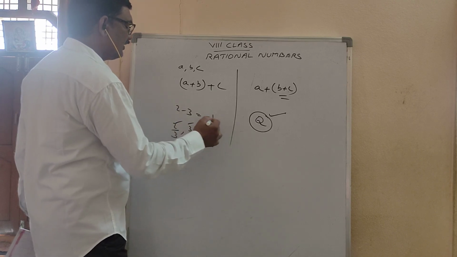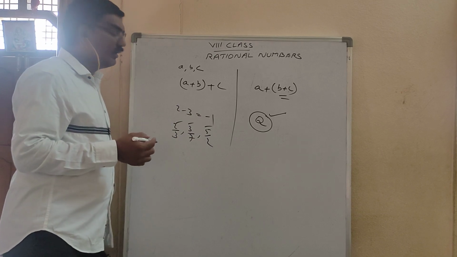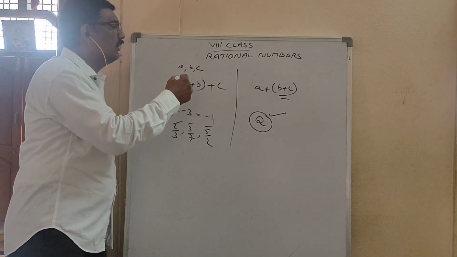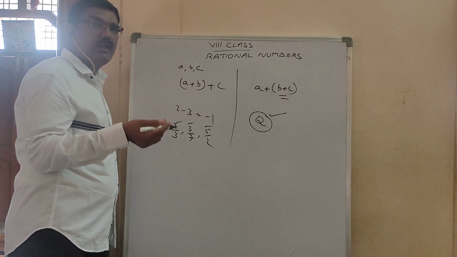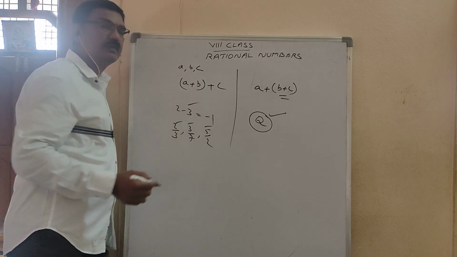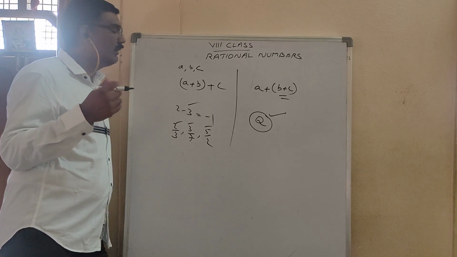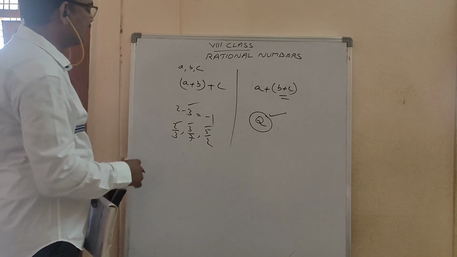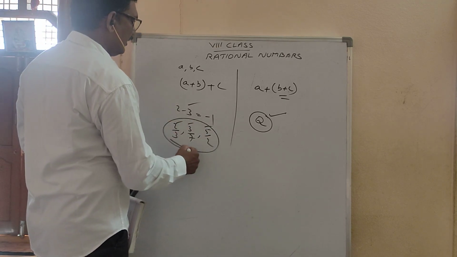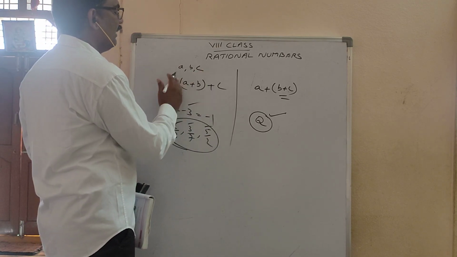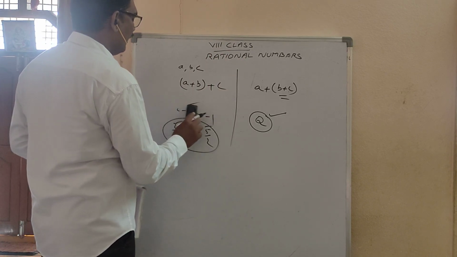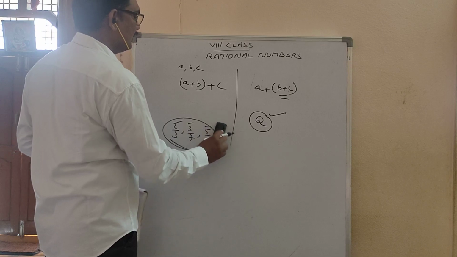Doing this addition is somewhat more difficult, but the difficulty will go away when you practice. Now I am taking A, B, C as these fractions and I will perform LHS and RHS and we will see whether you are getting the same or not.